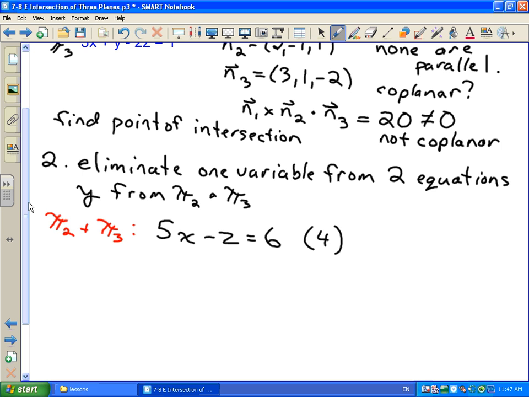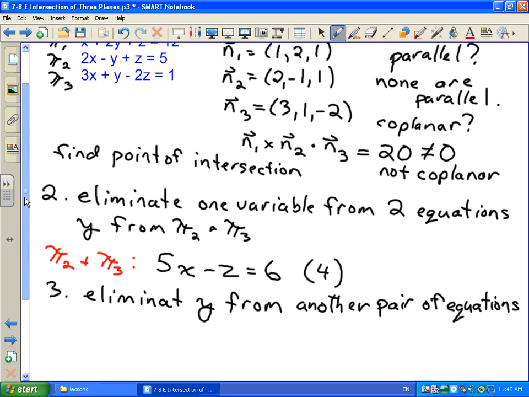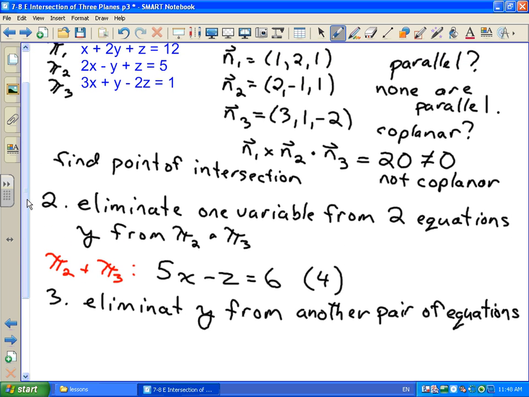We eliminated y. Our next step is we're going to pick another pair of equations and eliminate y from them. So we don't want to use 2 and 3 again, but what we could use are 1 and 3.